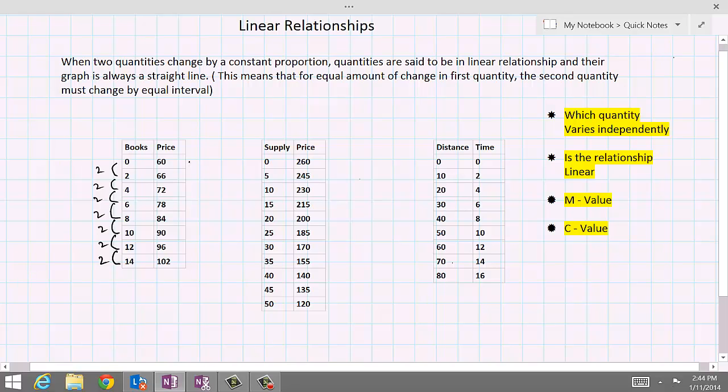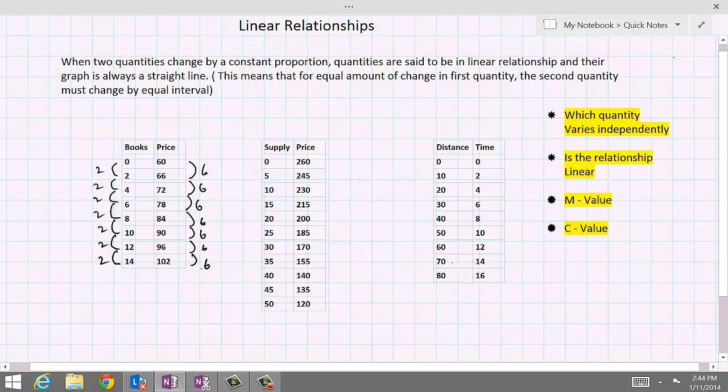The second quantity is changing by equal intervals of 6. So every time there is an increment of 2 in the first quantity, there is a corresponding increment of 6 in the second quantity. This fits perfectly well with our definition of a linear relationship.